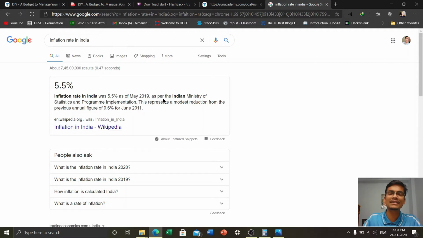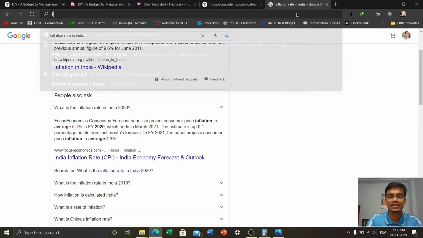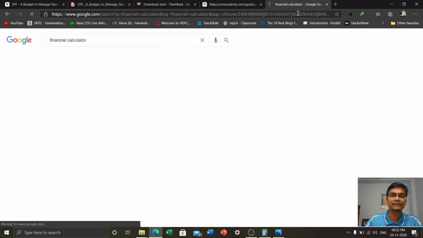Now inflation rate is the rate at which goods get costlier in a country. It was 5.5% in May 2019. And regarding the 2020 data, the forecast panelists project consumer price inflation to average 5.1% in the financial year 2020. So goods would cost 5.1% more in the coming one year, that is in March 2021. So doing some financial calculations, using a financial calculator.